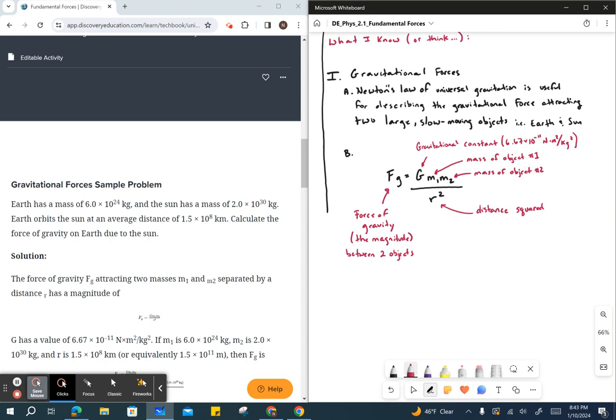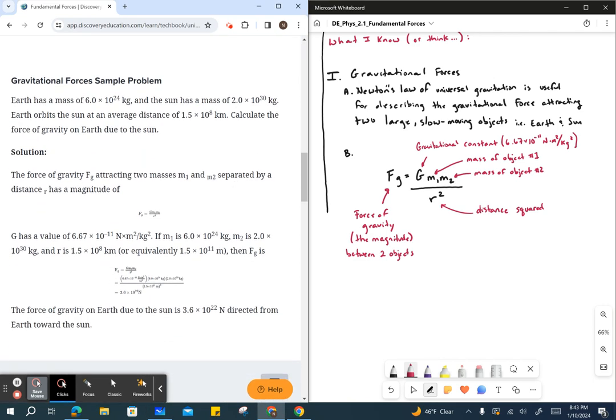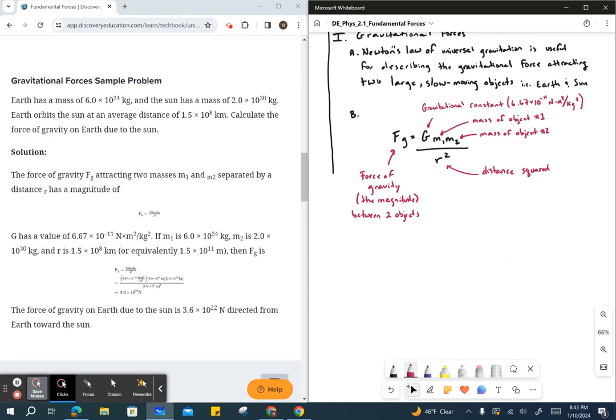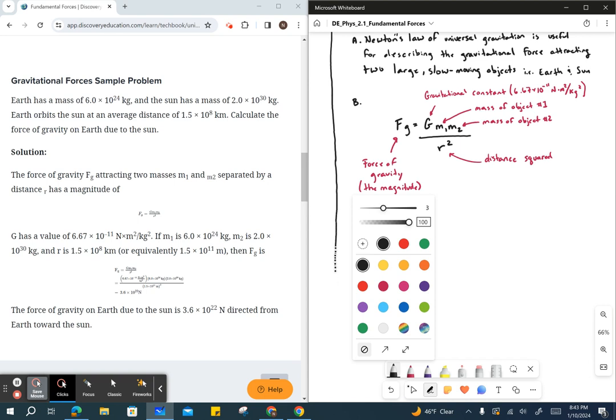Remember, they can give you everything but one of these variables, and you can rearrange the formula algebraically to solve for any given variable, okay? So I'm going to let you explore that. But I do want to talk just a little bit about this formula before we let you go.